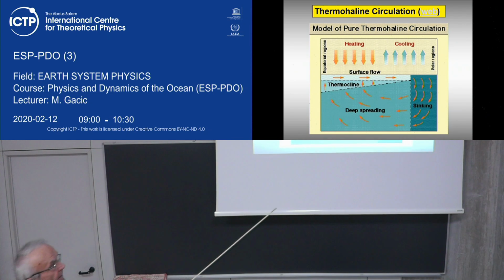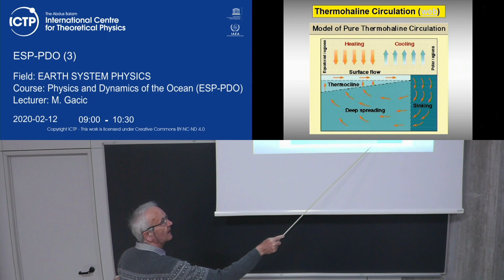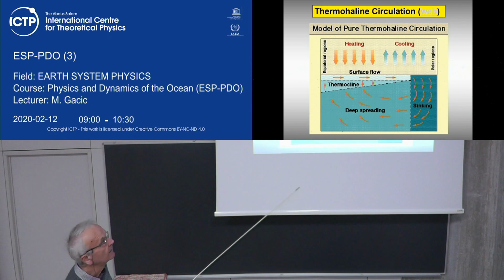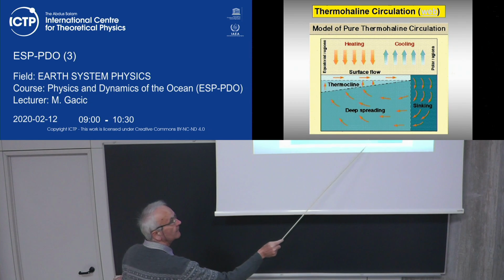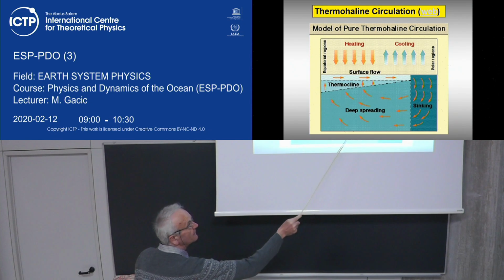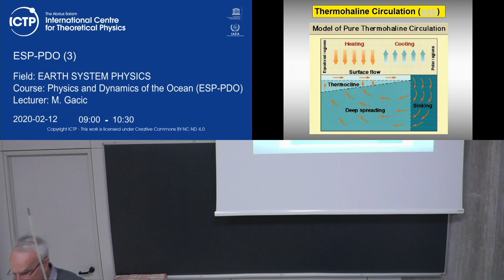And this cooling then brings the surface water into the deeper layers, which then flows southward. But at the same time, since we have the sinking here, we have the loss of water mass in the surface.